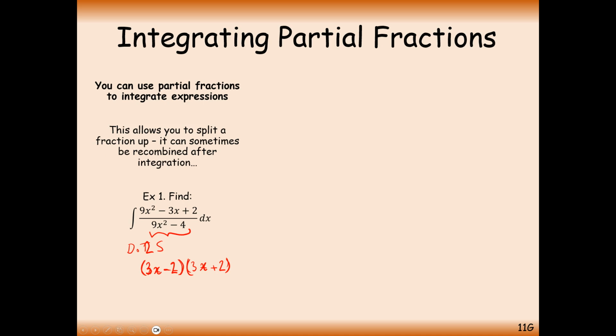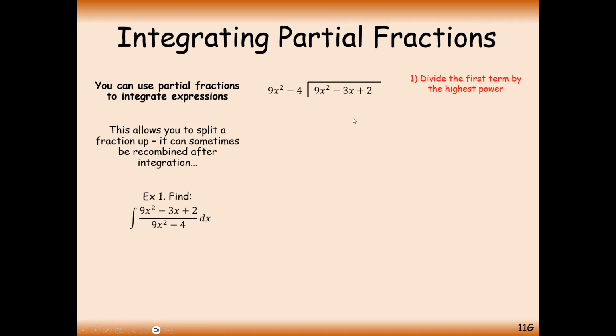So the first step in this case is to divide the numerator by the denominator. That's to say, basically perform algebraic division so that we'll have a remainder that is simpler to work with.